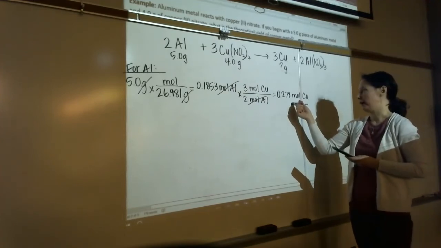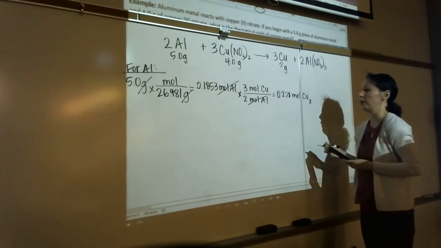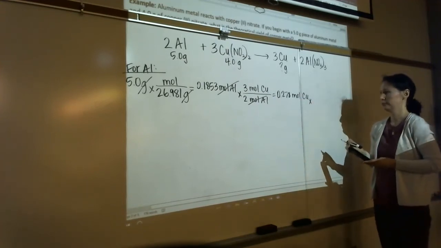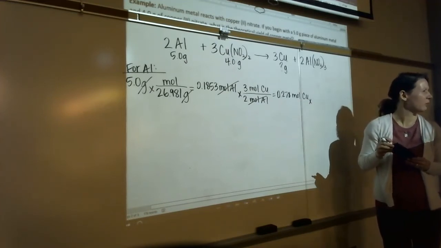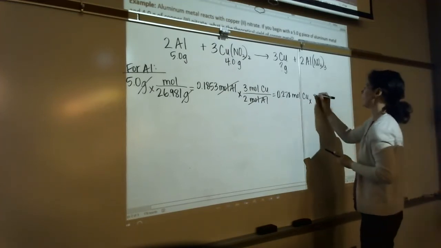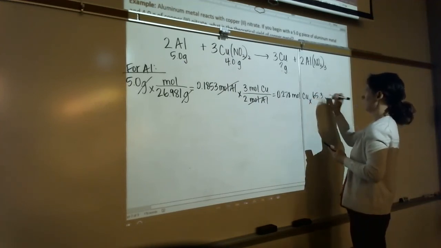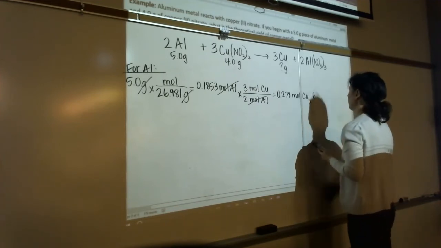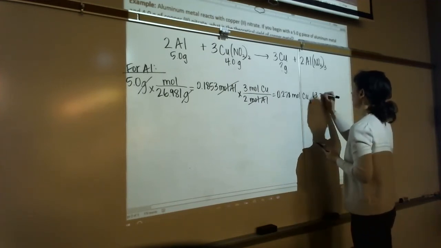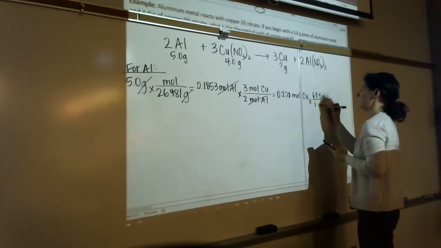All right, now we got to turn this into grams. What's the molar mass of copper? 63 point something, right? Or is it 65.3? I can't remember. 65.3, isn't it? Yes, no, maybe. 63.5. I had it right the first time. 63.5 grams per mole.